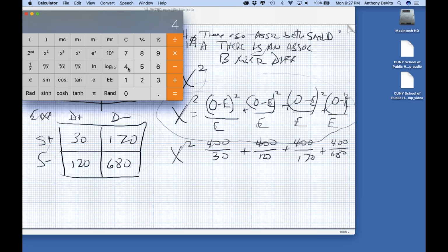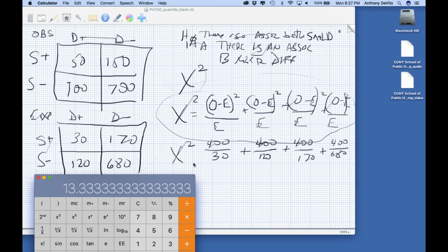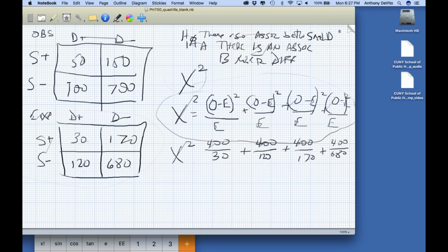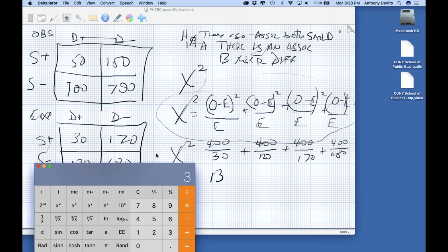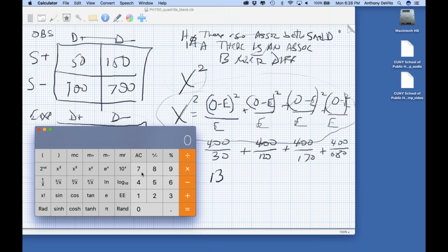So let's say 400 divided by 30 is equal to 13.33. I'm just going to put 13. I'm just going to round it off to a whole number for my purposes here. 400 divided by 120 is 3.33.